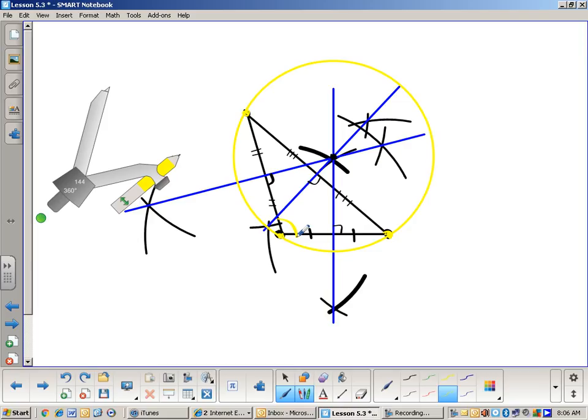If I would have picked an acute triangle, the circumcenter would have definitely been inside my triangle. In this case, it wasn't. Alright? So this circle is circumscribed about this triangle. This point here is called the what? Circumcenter.